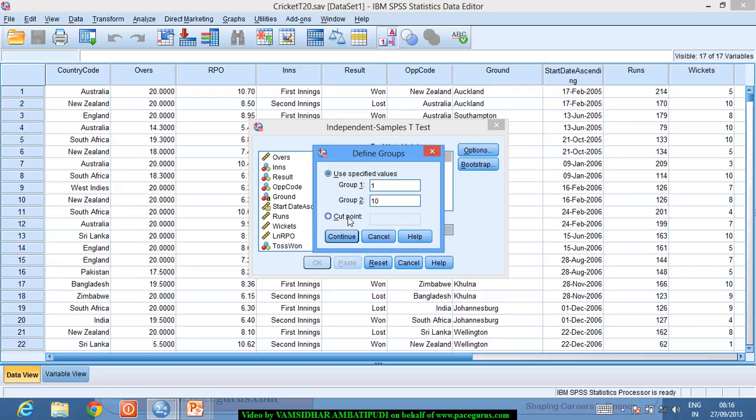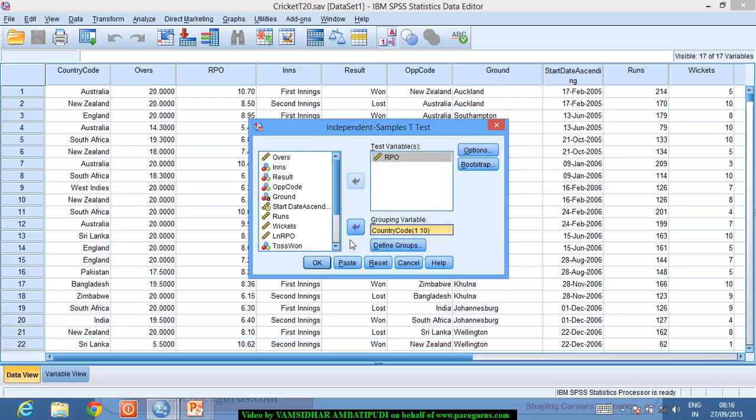Even those kinds of things can very well be looked at. Here let's say I am putting a simple group number, group 1 having a value of 1, group 2 having a value of 10. Alright, and I can go with OK.